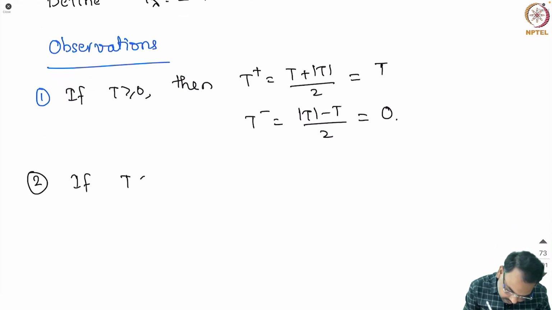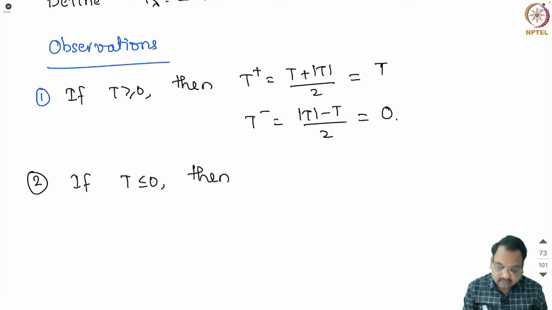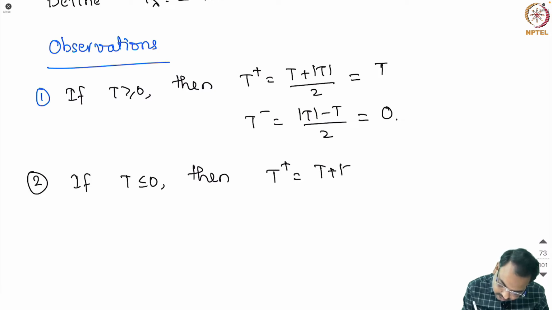If T is negative, we get it the reverse way: T plus is (T plus mod T) by 2, and mod T is minus T, so this is (T minus T) by 2, that is 0.